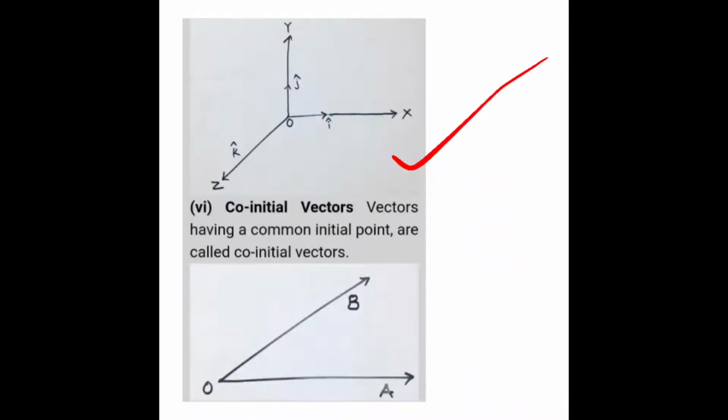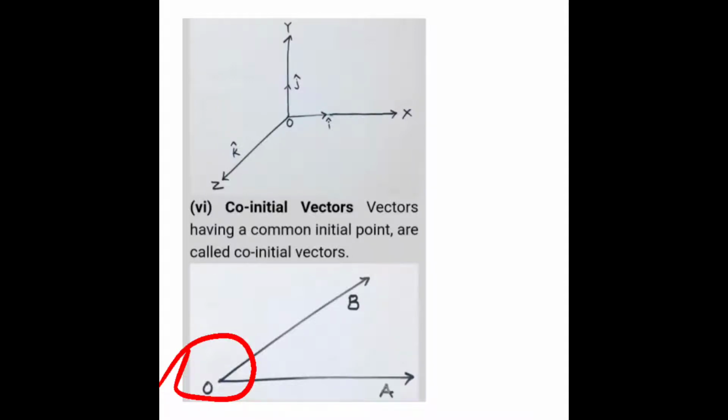Next, co-initial vectors. Vectors having a common point are called co-initial; their point of origin is the same. Okay, so a vector starts from 0, b vector also starts from 0, so these vectors are called co-initial vectors.